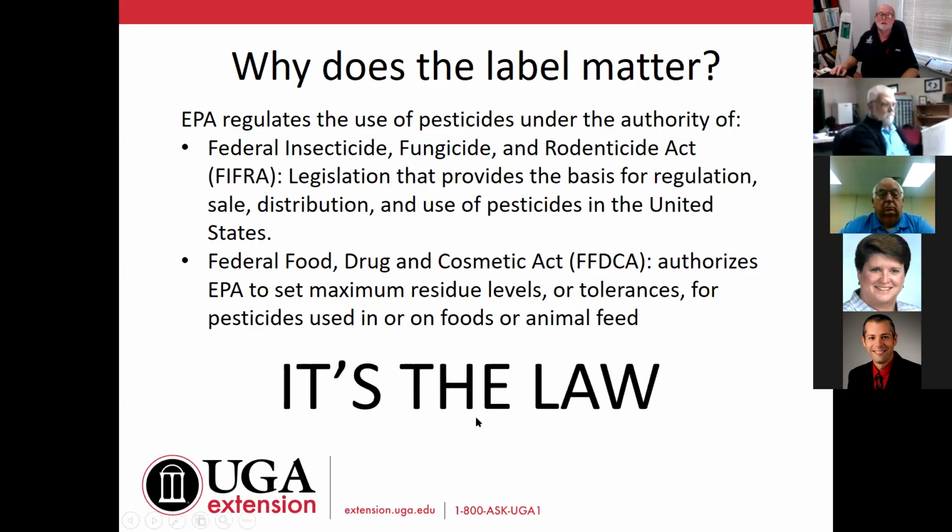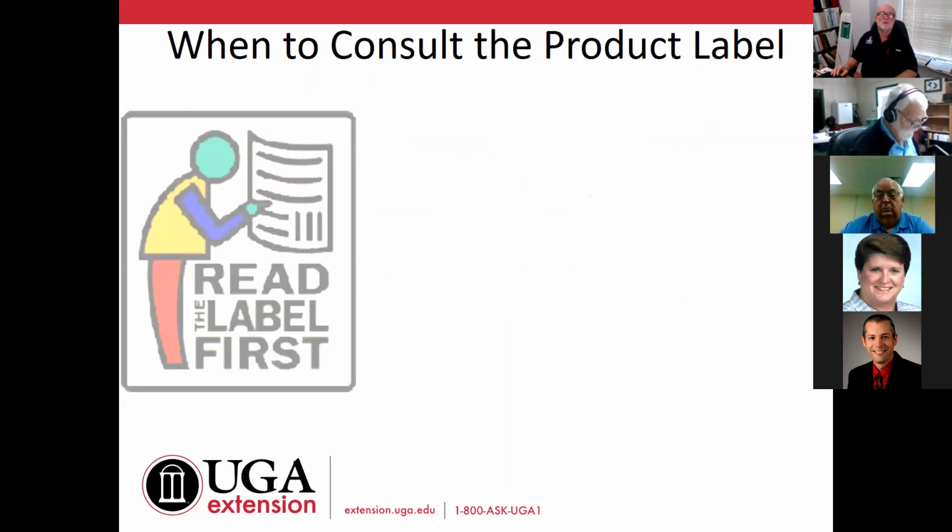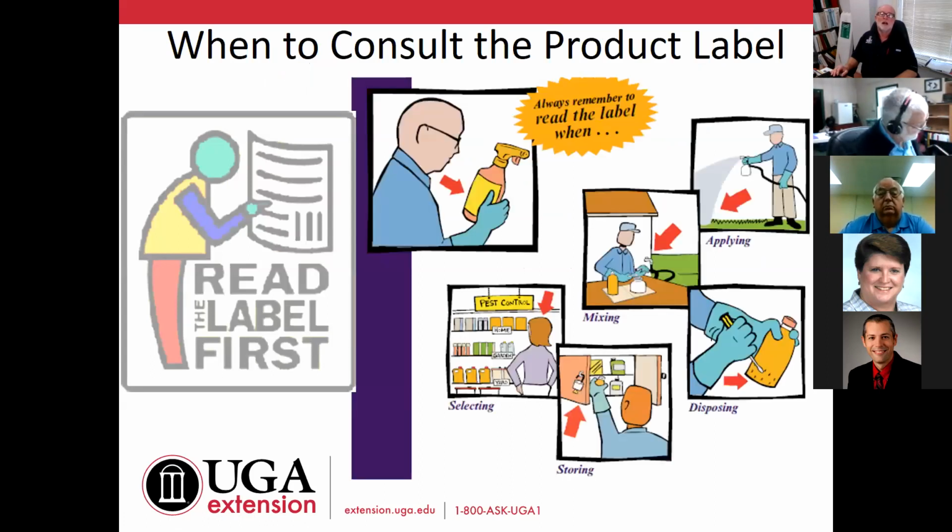The bottom line is that label is the law for the use of that product, and deviation away from that labeled intent is therefore against the law. So keep those labels intact and refer to them often. Read that label first, even before we purchase the product. As we're making our selections, refer to that label to make sure I am choosing the right product.